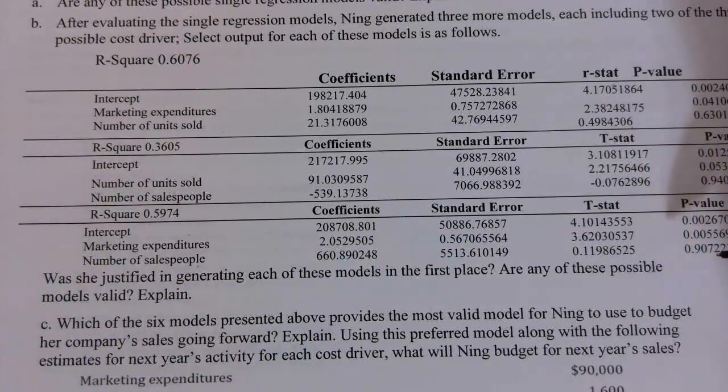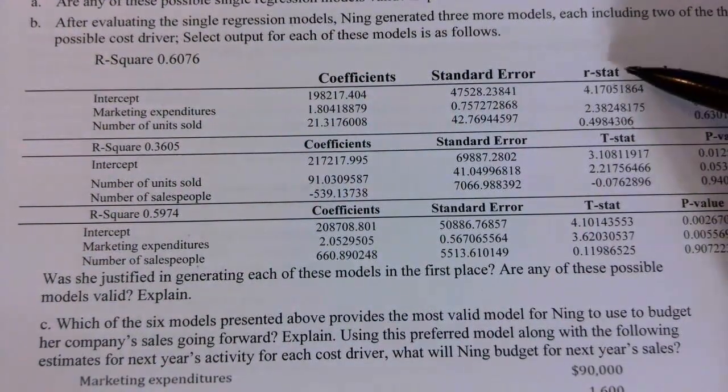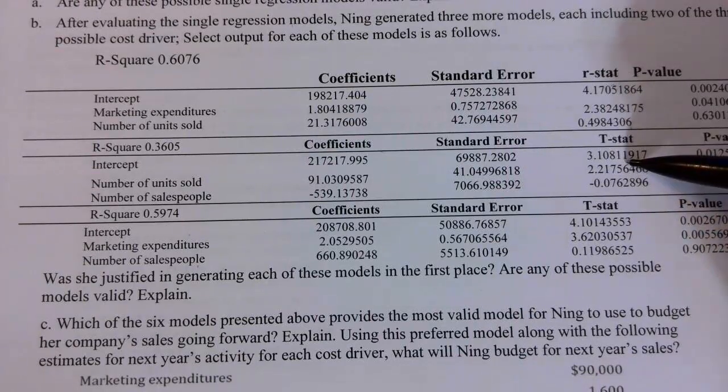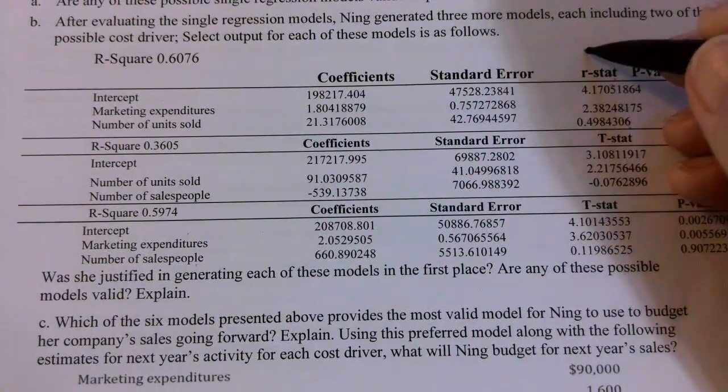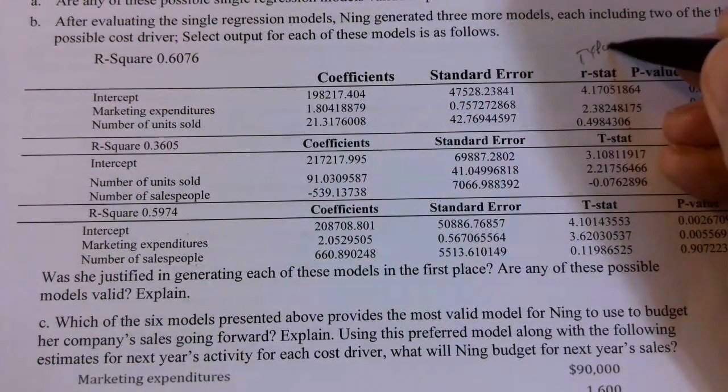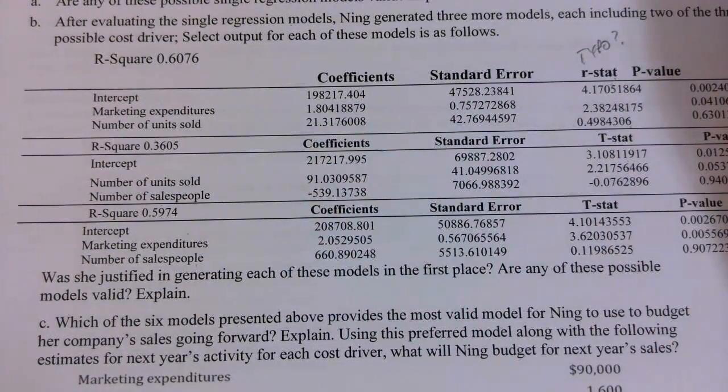Let's focus on the R-square and the p-value here. I'm not sure what to do with this. Oh, that's a t-stat. I wonder if it's a typo. These are both greater than 1.96, so that's good.